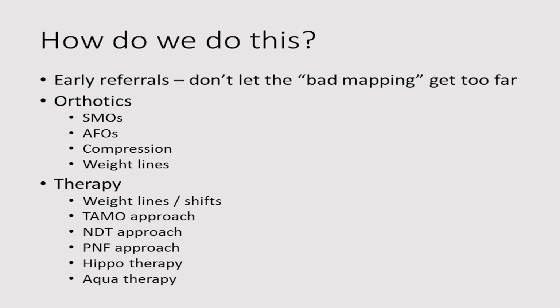There are a lot of things we can do with wedging and with the orthoses themselves to address weight lines. And then therapy. There are a lot of therapy solutions and thoughts and theories. And I'm not a therapist, so I'm not one to say one is right versus another, but those are just some of the therapy things that I know of that are out there.